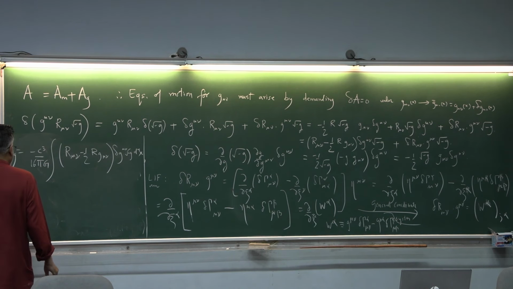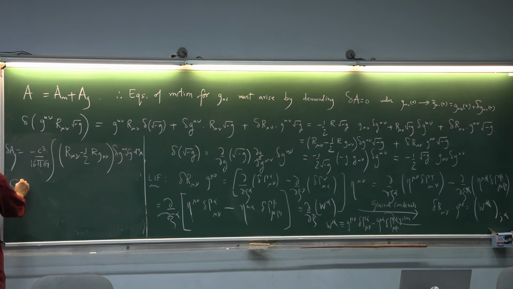And we also know delta A of m that we did yesterday. Again, I always forget when it is minus and when it is plus, because I am taking delta g mu nu upstairs. I had written it down but I had erased it, so let me do it again with delta g mu nu upstairs.